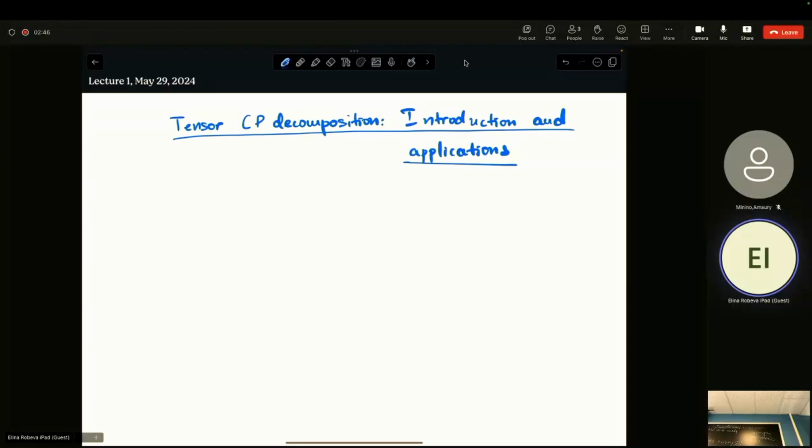I don't know exactly what was said in the previous talk, but I will think about tensors as just multi-dimensional arrays of numbers. I'm sure that some people will not be happy about this, but please bear with me. So my tensors T will be, for example, an N1 by N2 by up through ND array of numbers.